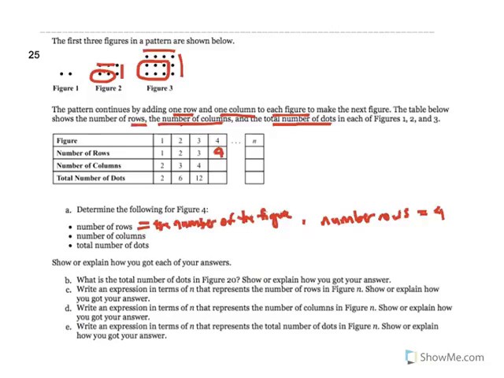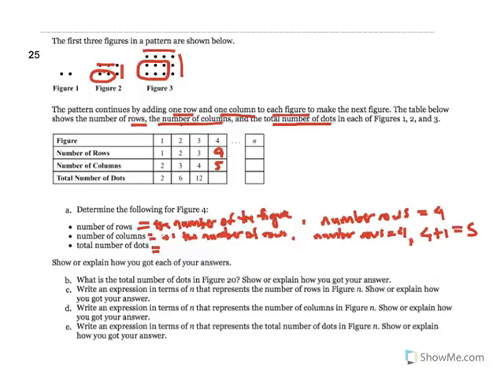The number of columns is equal to one more than the number of rows. Therefore, if the number of rows equals 4, then the number of columns must equal 4 plus 1, which is 5. And put that up in the table. Okay. And the total number of dots.